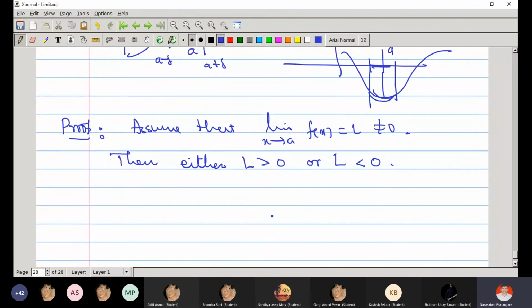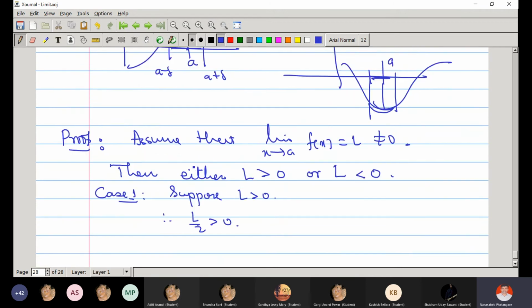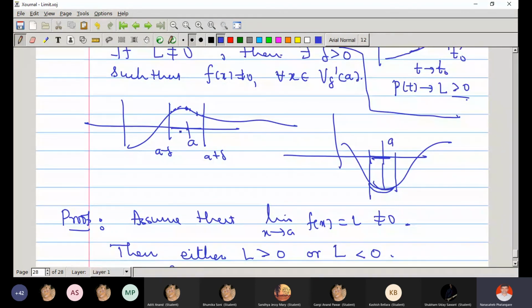If positive, case 1, suppose L is positive. Therefore, L by 2 is positive. Now, from this figure, can you tell me the strategy?